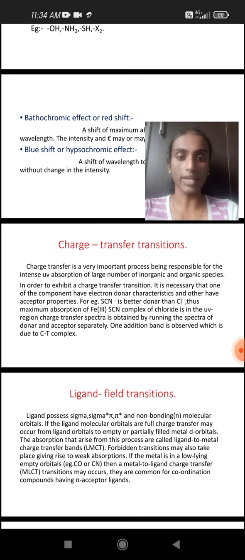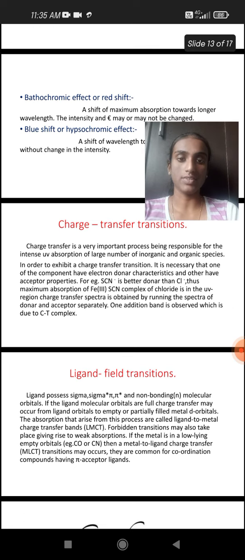In order to exhibit a charge transfer transition, it is necessary that one of the components have electron donor characteristics and the other have acceptor properties. For example, SCN is a better donor than chloride, thus the maximum absorption of the iron and cyanide complex of chloride is in the UV region.